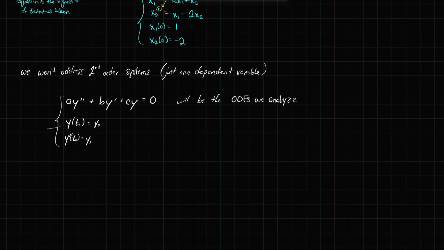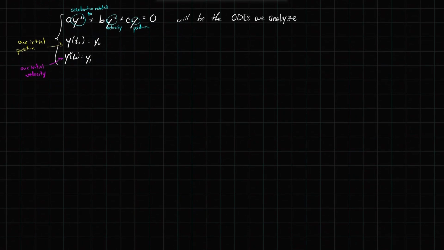This would be an initial condition of our initial position and our initial velocity, the first time derivative, as well as the differential equation itself would relate acceleration to velocity and position. So that's one interpretation of a second order constant coefficient linear ODE.